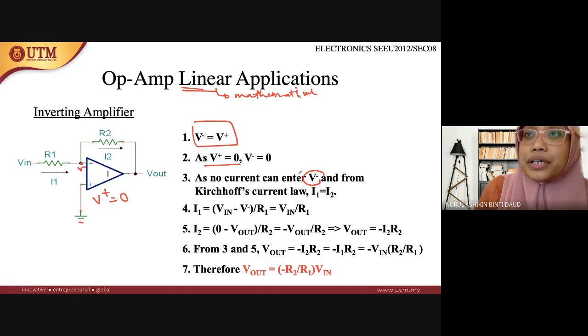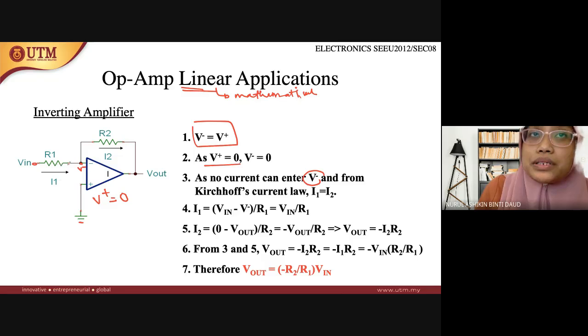From Kirchhoff's current law, since the current cannot enter here, the current flowing from this voltage source will automatically flow this way because of the large impedance inside the op amp.